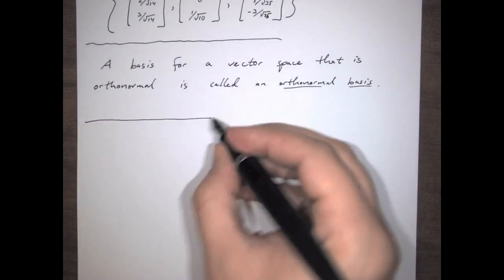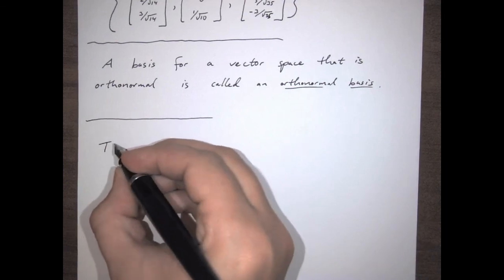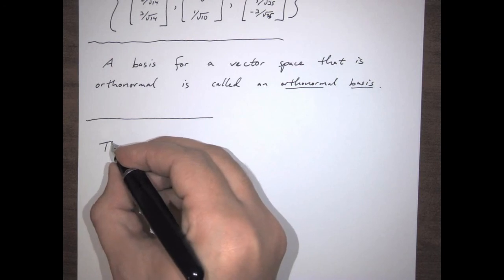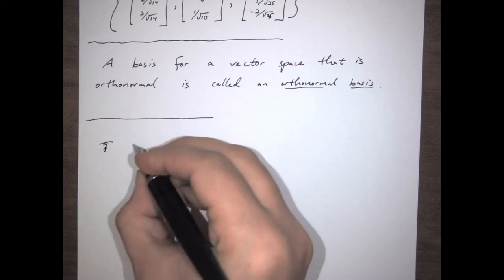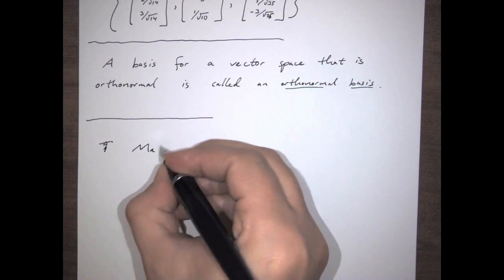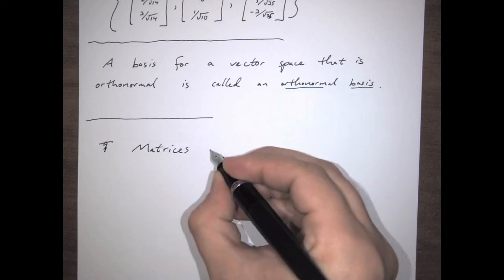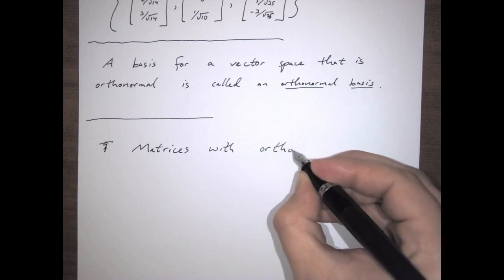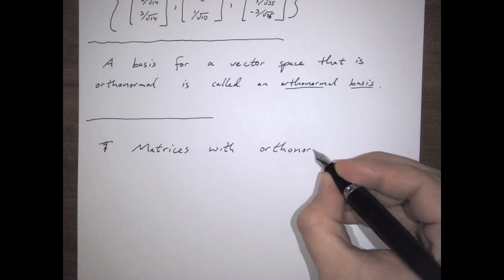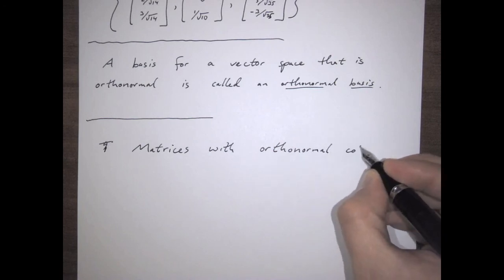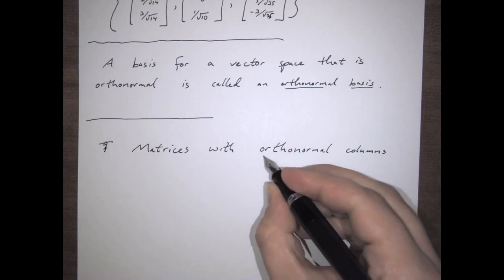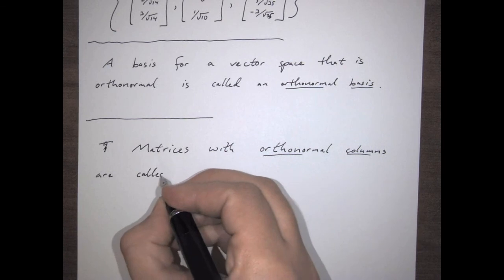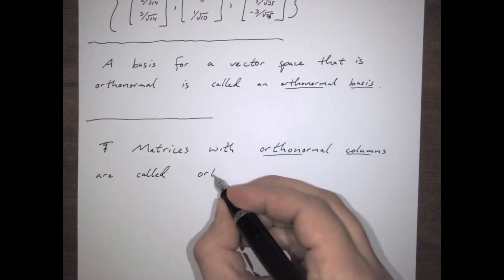Now, one last little thing to discuss, and that would be matrices with orthonormal columns. So, first off, matrices with orthonormal columns are called orthogonal matrices.